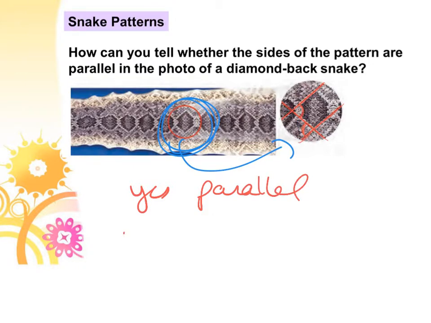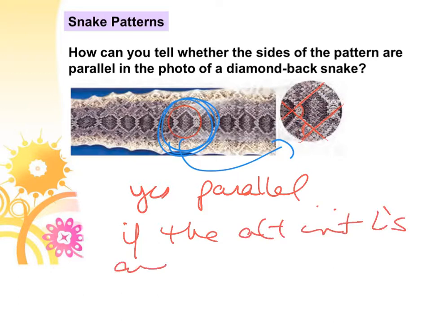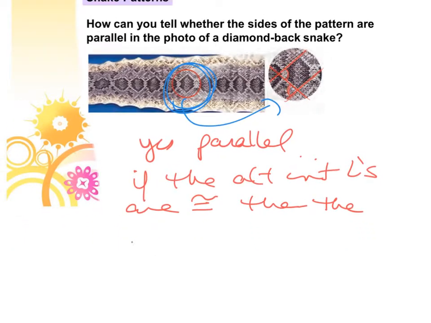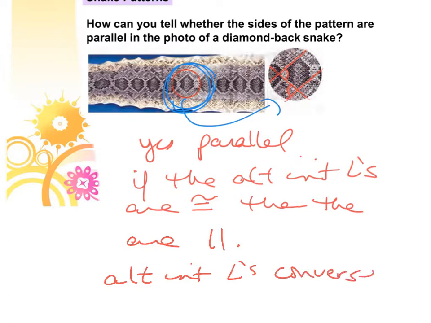And my reason would be if the alternate interior angles are congruent, then the lines are parallel. You could have also said alternate interior angles converse. Either way, either write it out or tell me which one you would use.